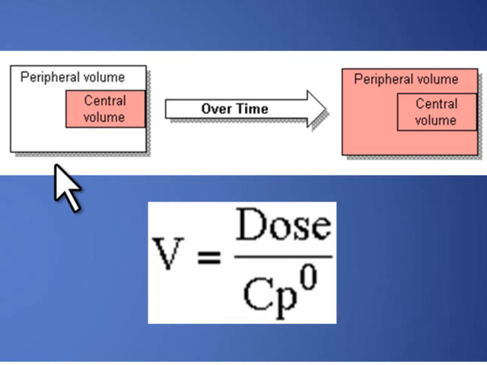If you knew that that food color contained 1 milligram of the coloring agent, and then you measured a sample of the water and found that the concentration of the dye in the water was 1 microgram per milliliter, then you would know that the volume of the compartment was 1,000 milliliters or 1 liter.